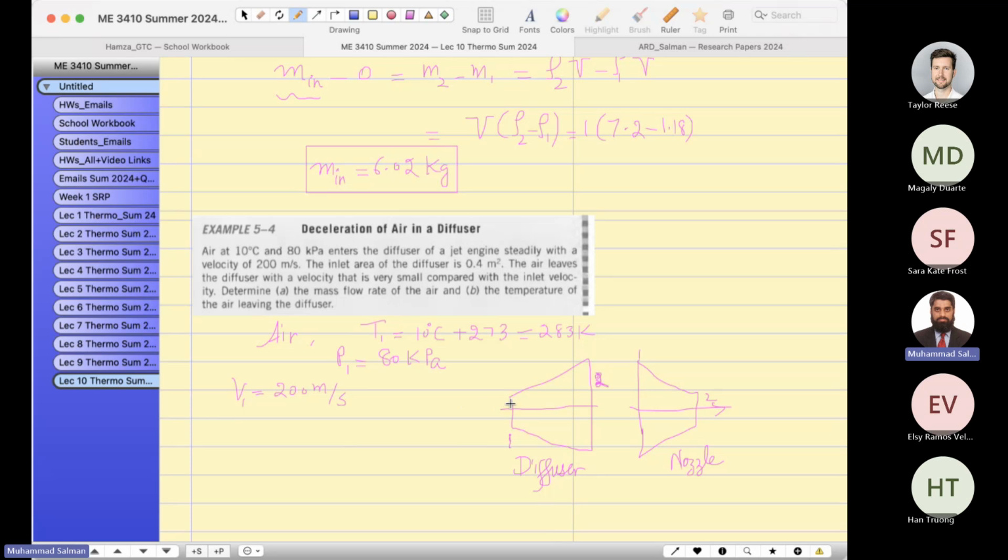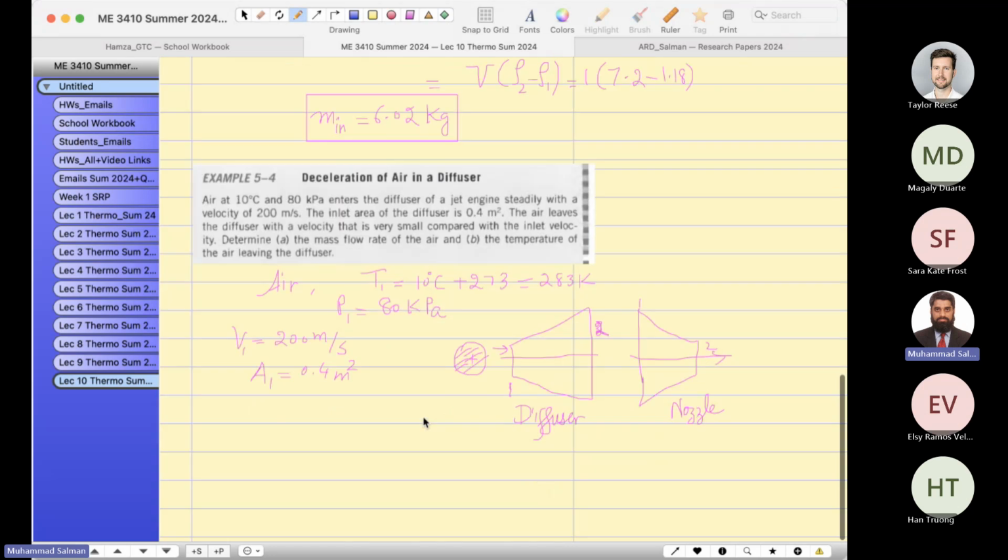If you take a look here, it's a round shape. Inlet area of the diffuser is 0.4, a cross section area. Okay, it is 0.4 meters squared. The air leaves the diffuser with a velocity that is very small compared to the inlet velocity.